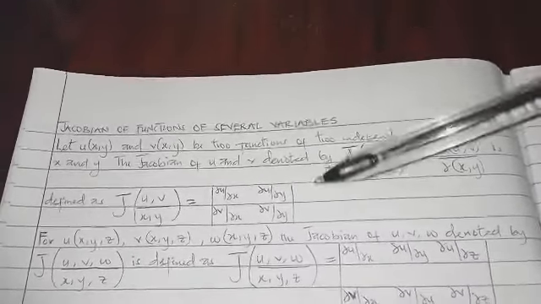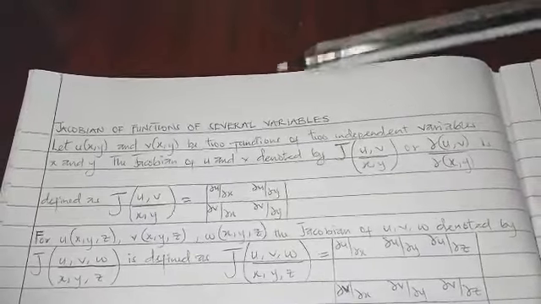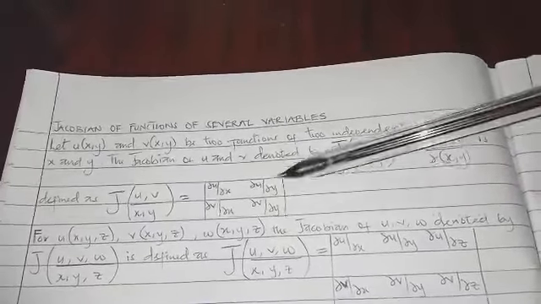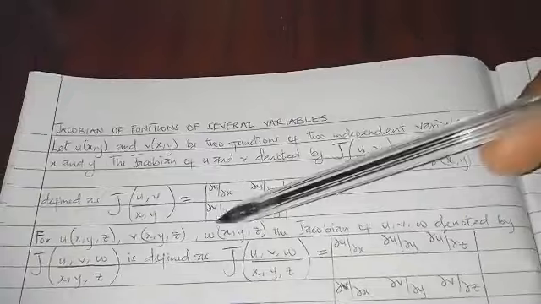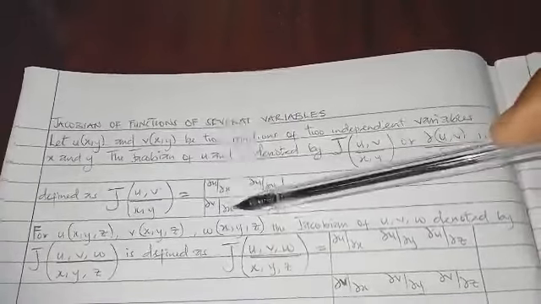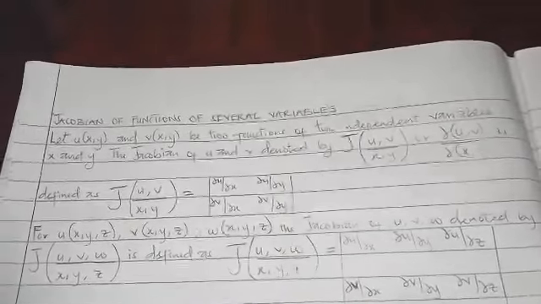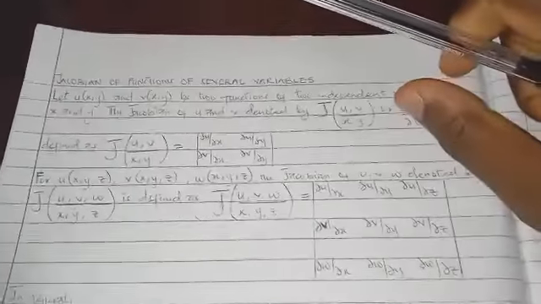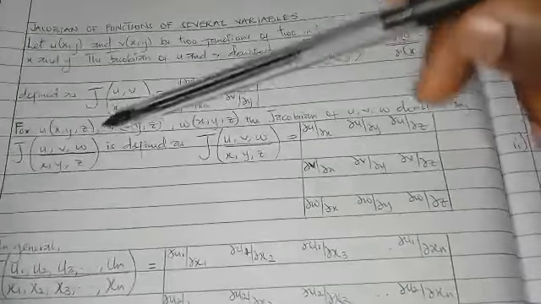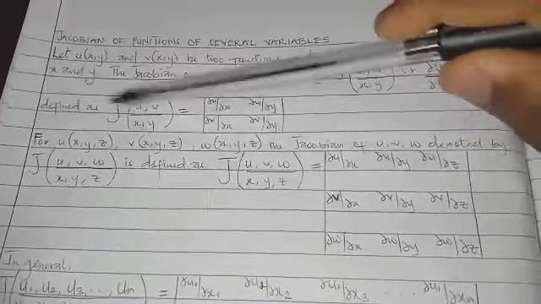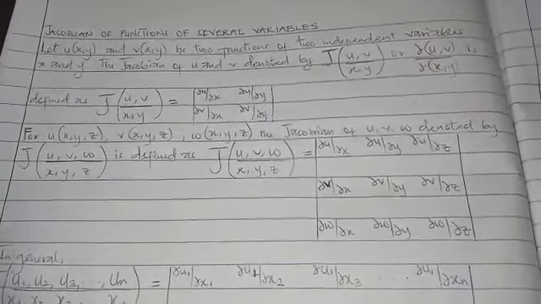So a11 is partial u over partial x, a12 is partial u over partial y, a21 is partial v over partial x, a22 is partial v over partial y, in a 2 by 2 matrix. Now you're given three functions u, v, and w, which are functions of three independent variables x, y, and z.